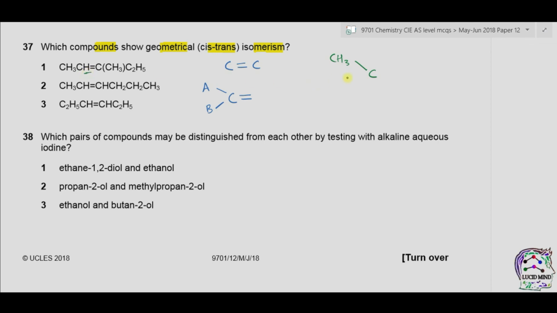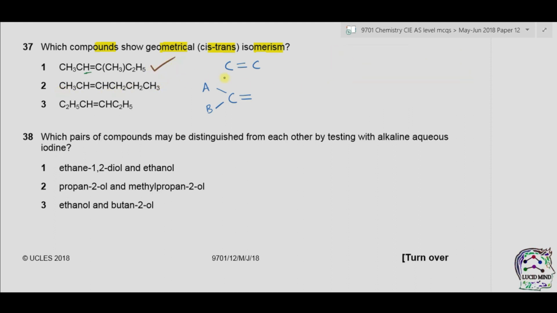Also hydrogen is present. Then on the second side we have CH3 and C2H5. As we can see, the double bond is present, and the double bonded carbons are attached to two different groups on both sides, so it will show cis-trans isomerism.